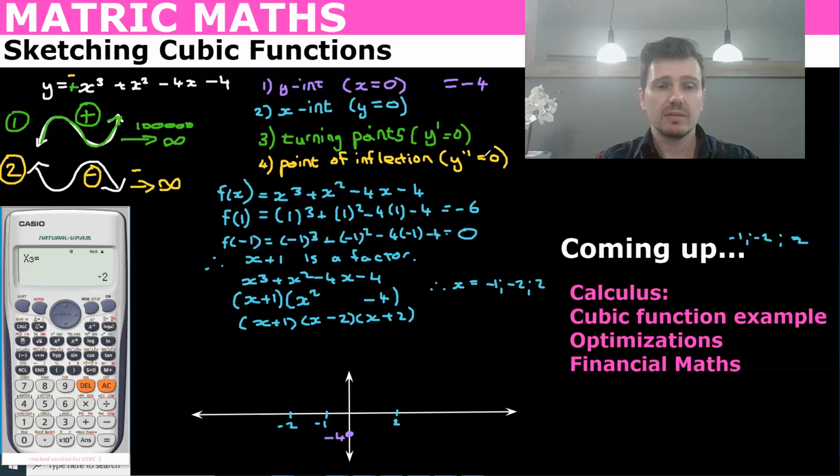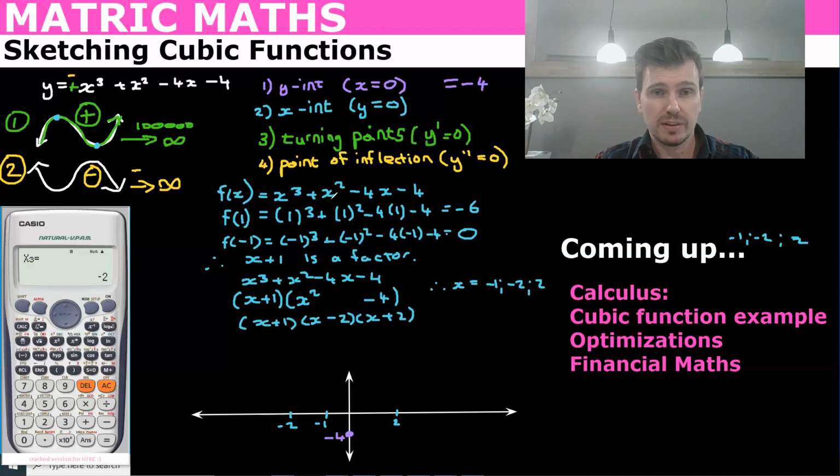And so here, remember that when I have a turning point, that is where my slope is 0. And from calculus, I know that in order to get my slope, I need to find the derivative.